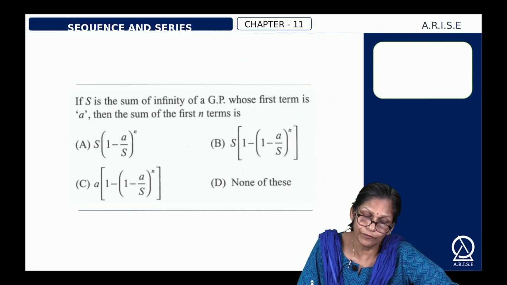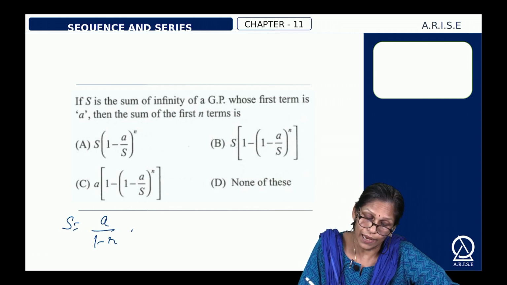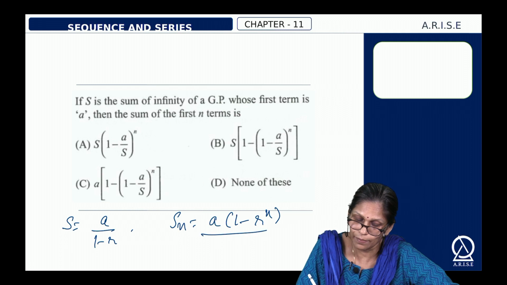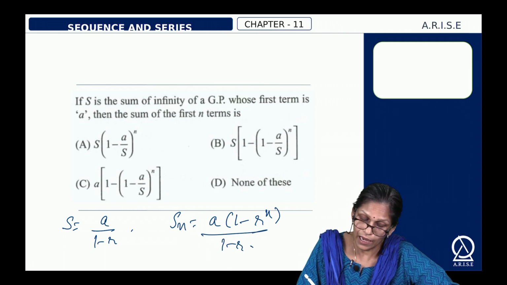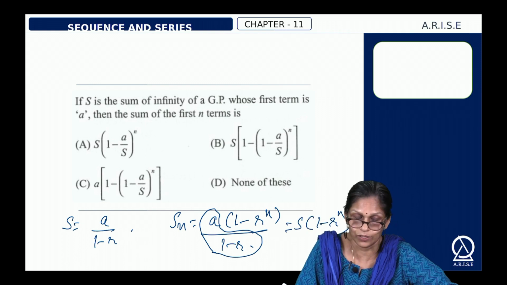If S is the sum to infinity of a GP, so S is A by 1 minus R. And you are asked to find the sum to n terms, which is A into 1 minus R raised to n by 1 minus R. A by 1 minus R from our data is S. So, S into 1 minus R raised to n.